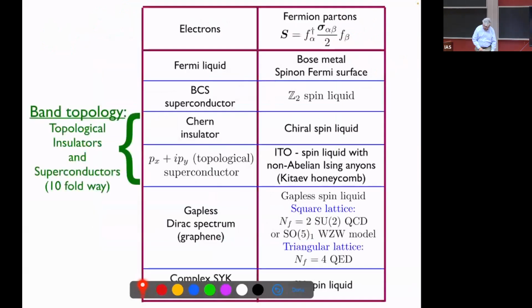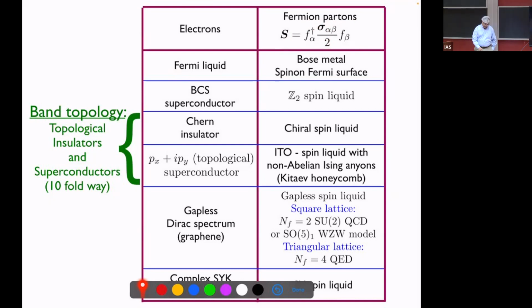All right, so now I said, well, let's do this with fermions. We've studied weakly interacting fermions or electrons, and the simplest thing they can do is form a metal or a superconductor. What would happen if I now express the spin in terms of fermionic partons? This is something you can also do, and I'm going to do that today.